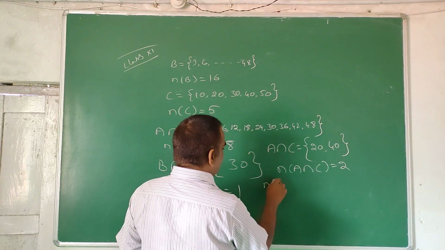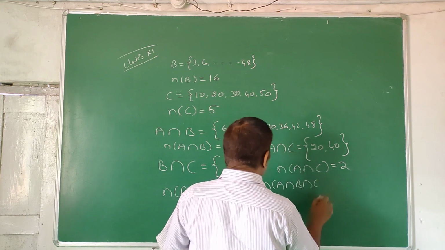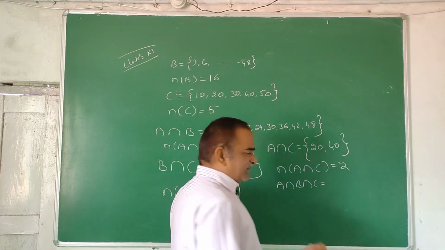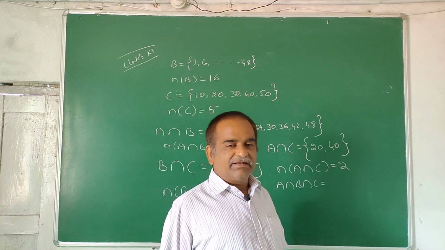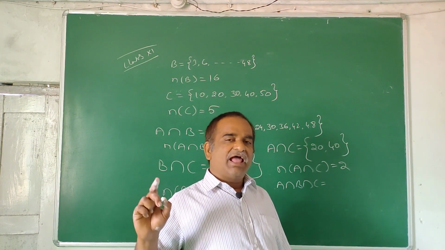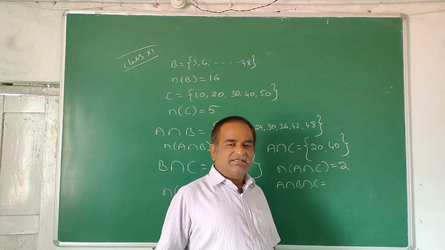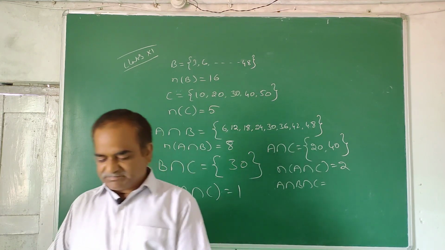Now n(A intersection B intersection C). For that you have to find out A intersection B intersection C. It is a multiple of 2 and 3 and 10, a multiple of all the three numbers. So what number exists which is a multiple of all the three?